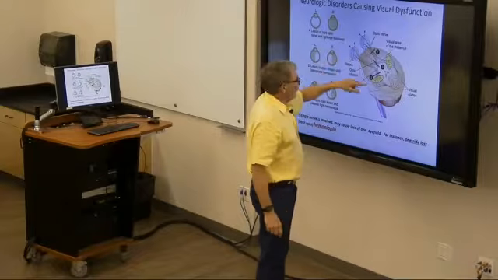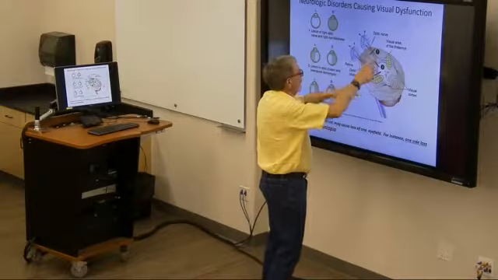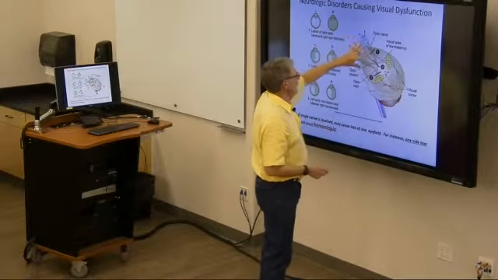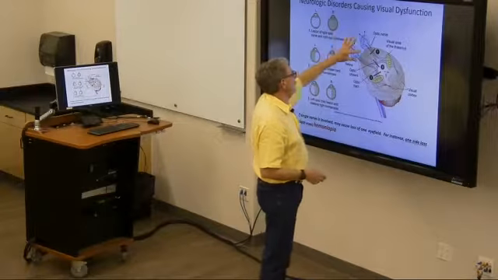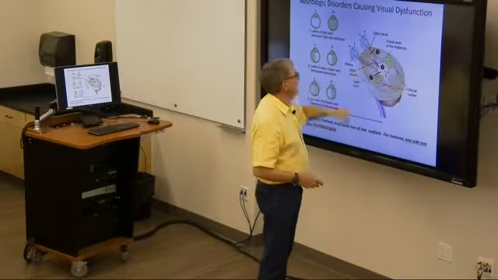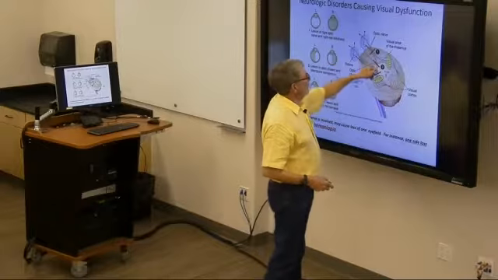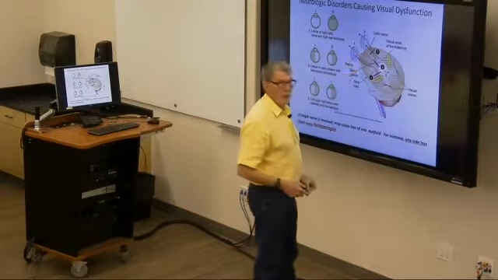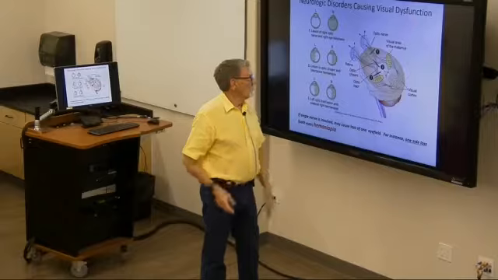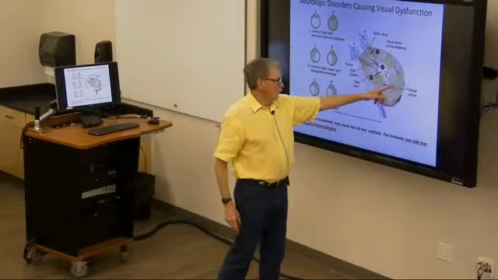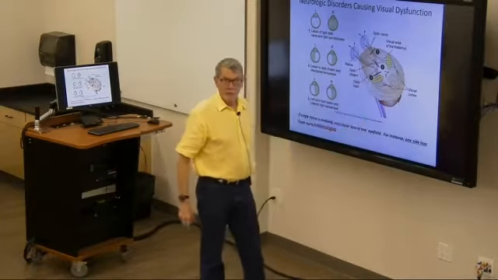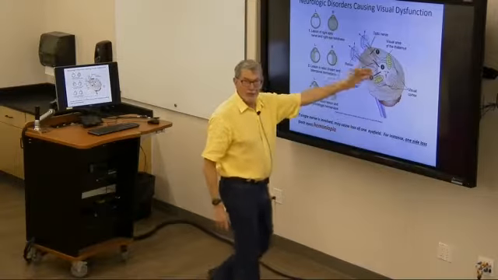So it's kind of strange the way this works. Both left eye fields go in this side, both right eye fields go in this side, and so depending on where damage might happen, it could affect one eye or both. It goes back to the visual cortex and then up to the processing areas.